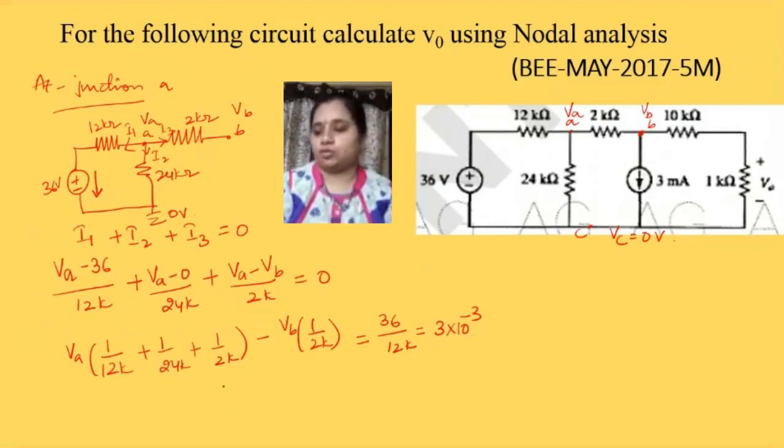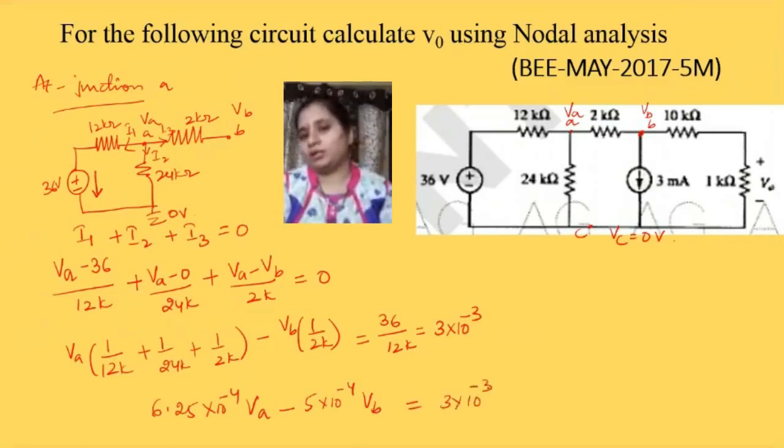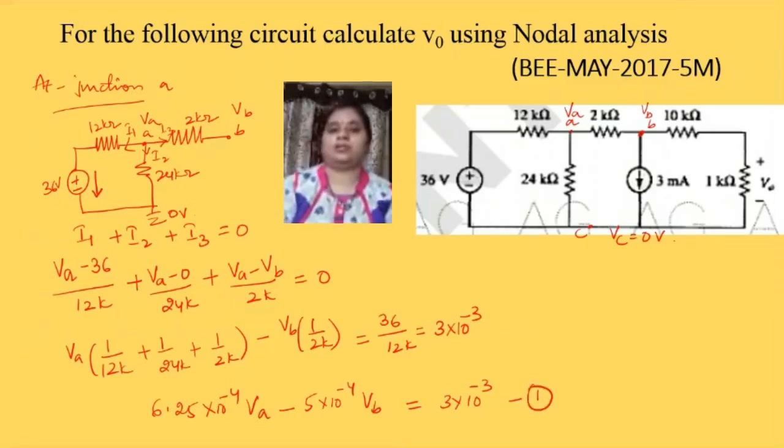Solving it, we get 6.25 into 10 power minus 4 VA minus 5 into 10 power minus 4 VB equals 3 into 10 power minus 3. So this is our first equation.